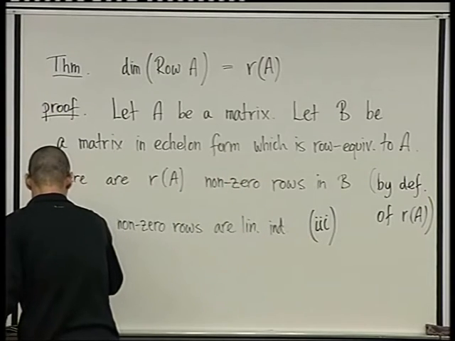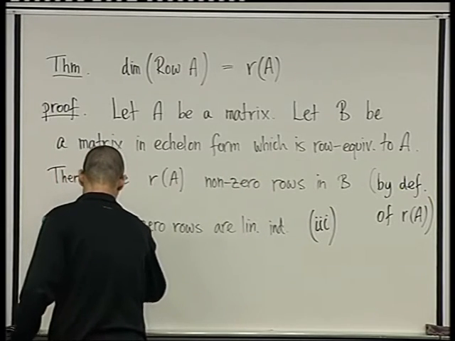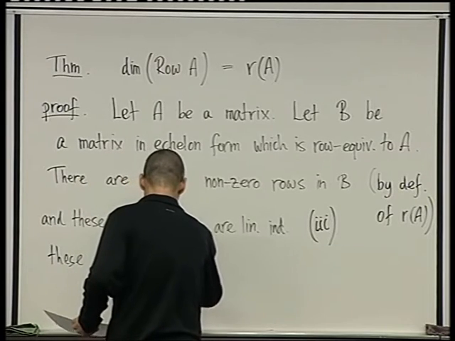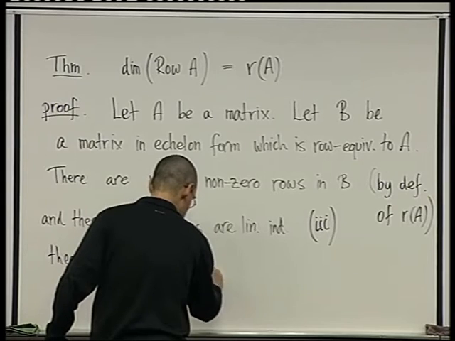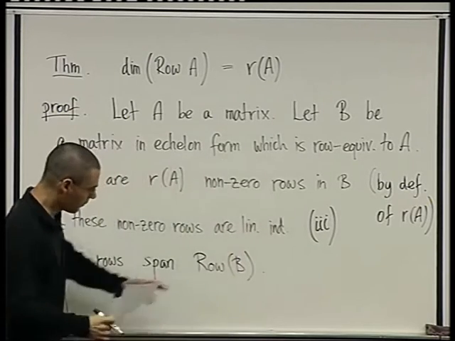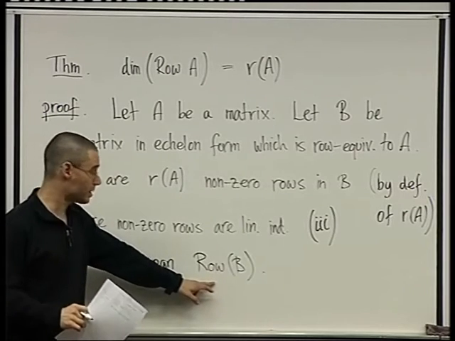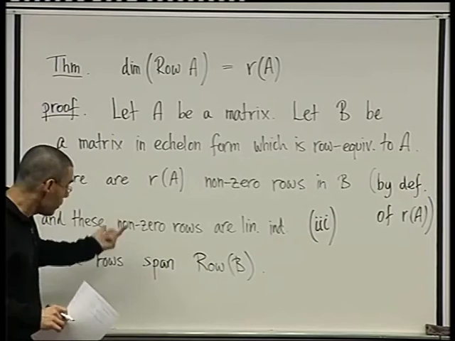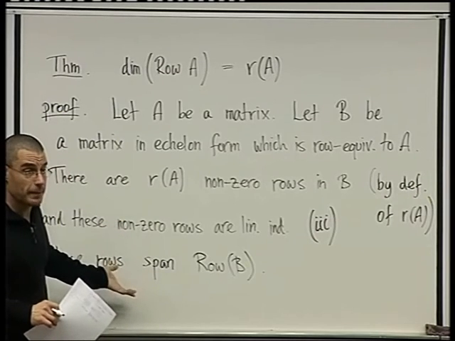Now, these non-zero rows span row of B. Row of B is the space spanned by all the rows of B. But the zero rows contribute nothing to the span, right?